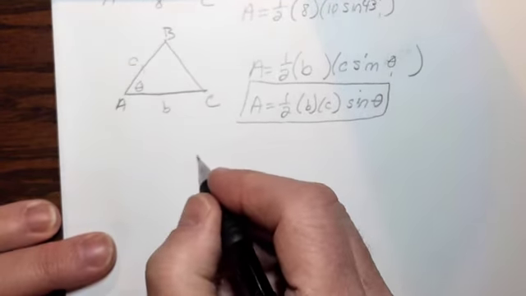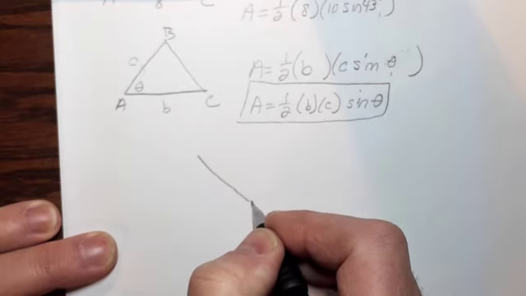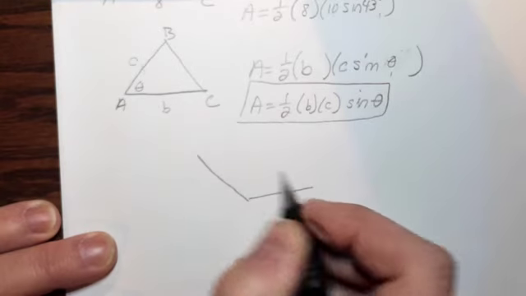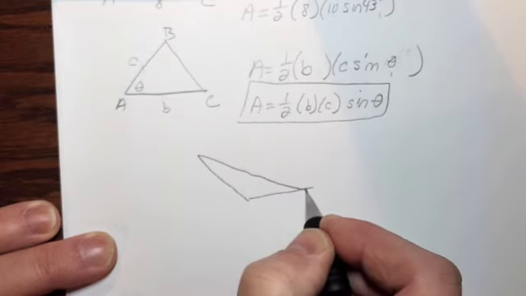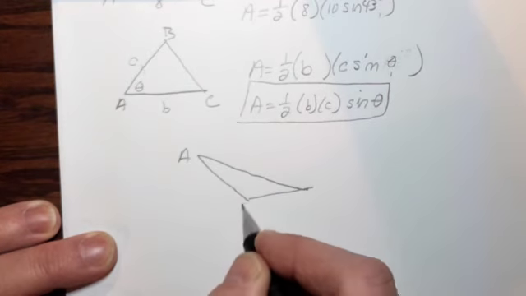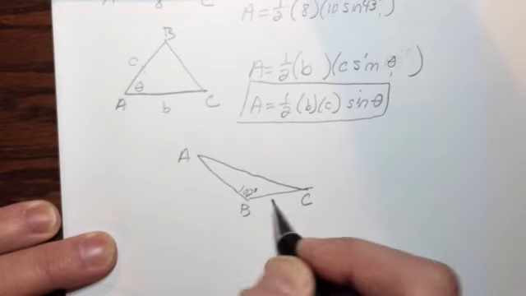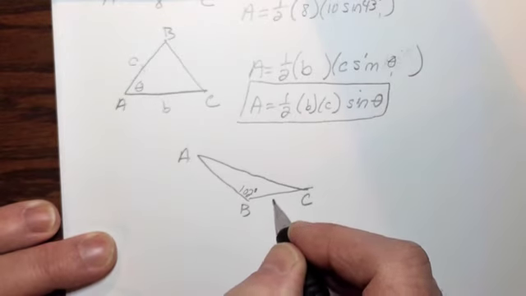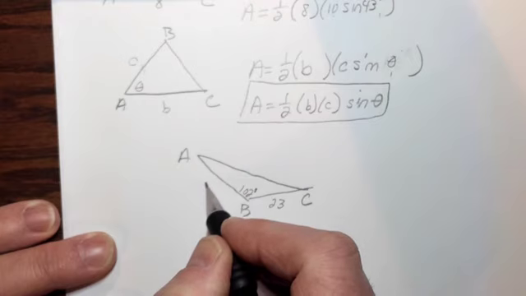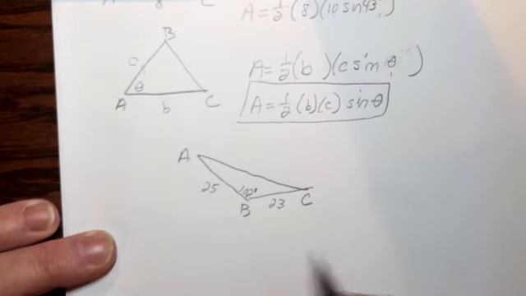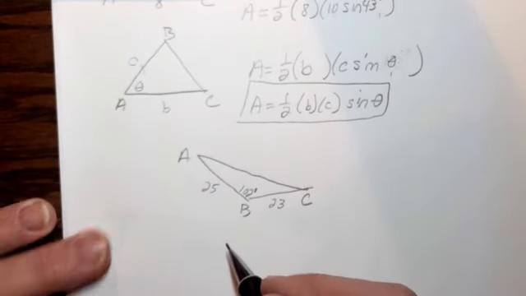So one more example. Let's say we had that triangle ABC, and I told you that this was 102 degrees, this is 23, and this is 25. I want to find the area of that triangle.